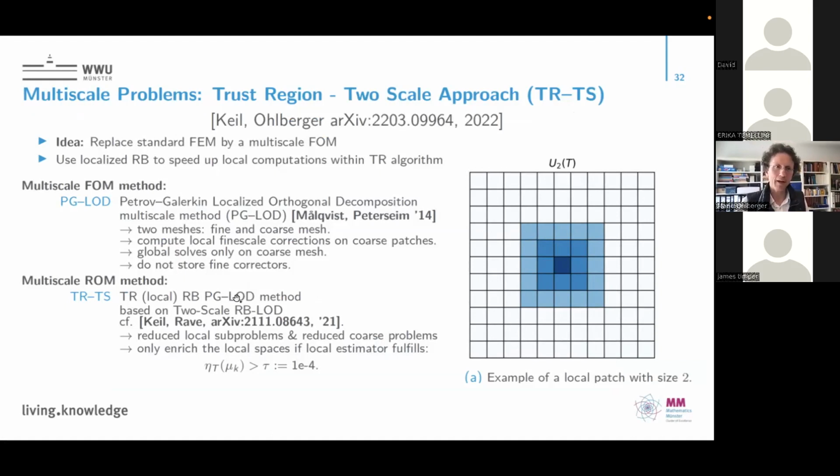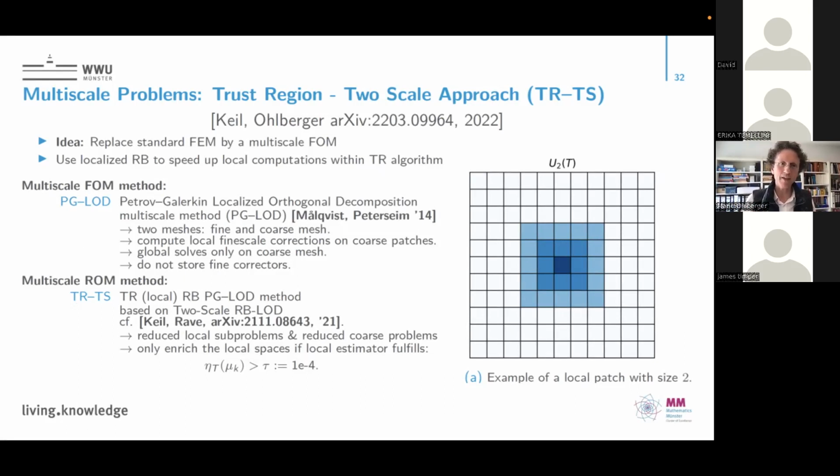So in what I present here, and this is from this work with Tim Keil, which is also on arXiv, we want to use now as a full order model in the optimization problem this Petrov-Galerkin LOD, and as a multi-scale reduced order model, the corresponding 2-scale reduced basis method that approximates the Petrov-Galerkin LOD. So I don't go into the details of this method. If you're interested, please check.